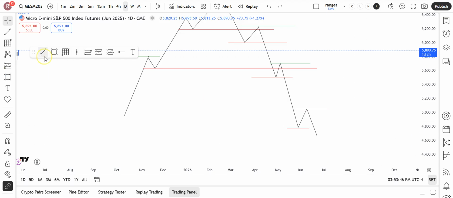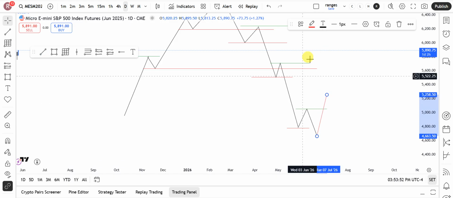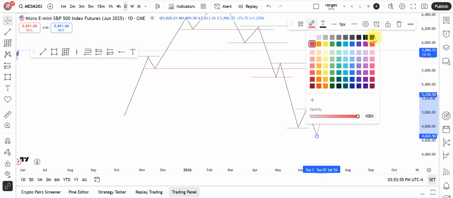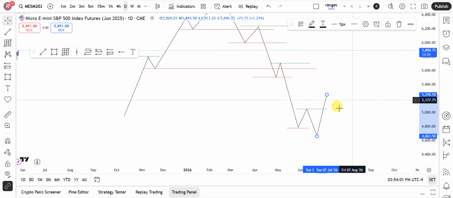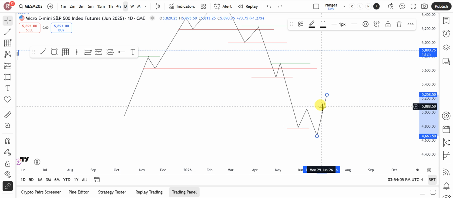So as soon as we have a swing high, or even any type of candle, I won't even classify it as a swing high. A swing high that breaks it is definitely going to be really good confirmation, but all it has to do is have a candle with a body.